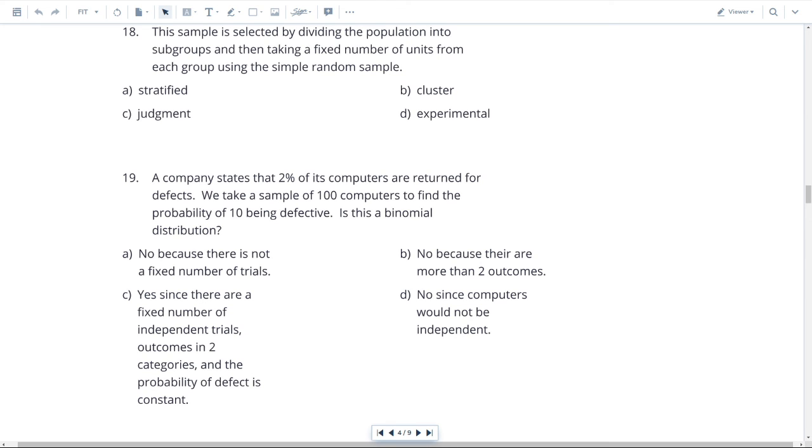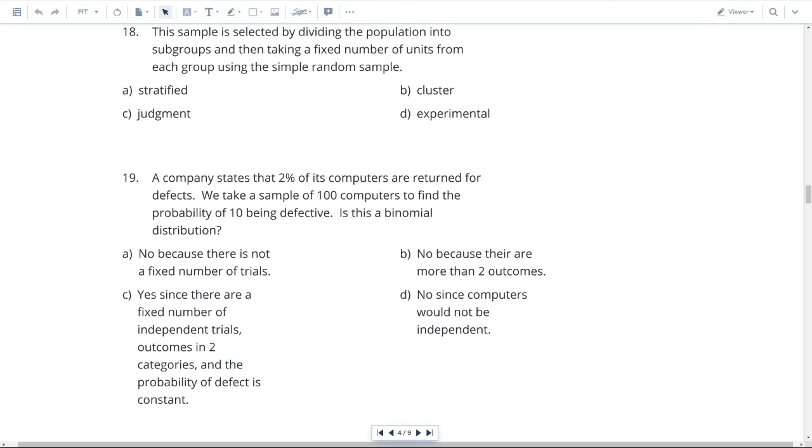Number 19, 83% of you got this right. A company states that 2% of its computers are returned for defects. We take a sample of 100 computers to find the probability of 10 being defective. Is this a binomial distribution?